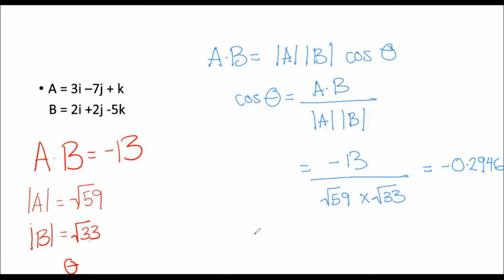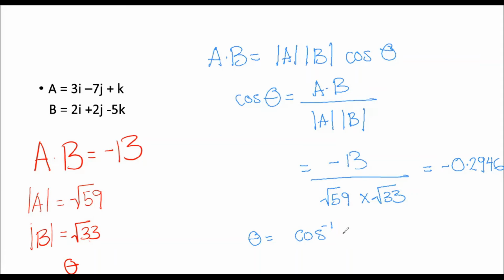So we want to find theta. We have to find the inverse cosine of it. You can do this directly, finding the inverse cosine directly, or you can just find the inverse cosine of minus 0.2946.